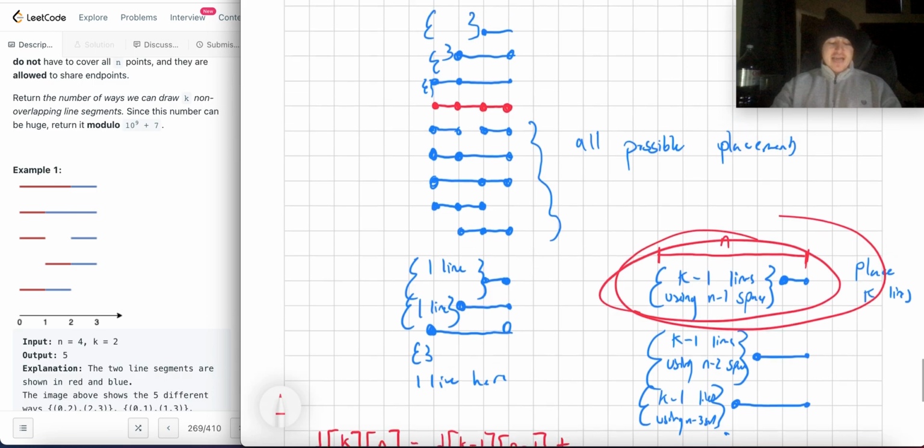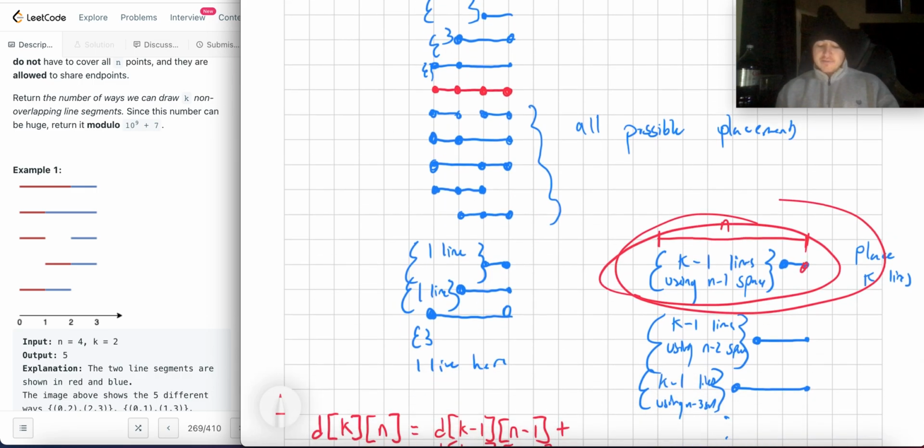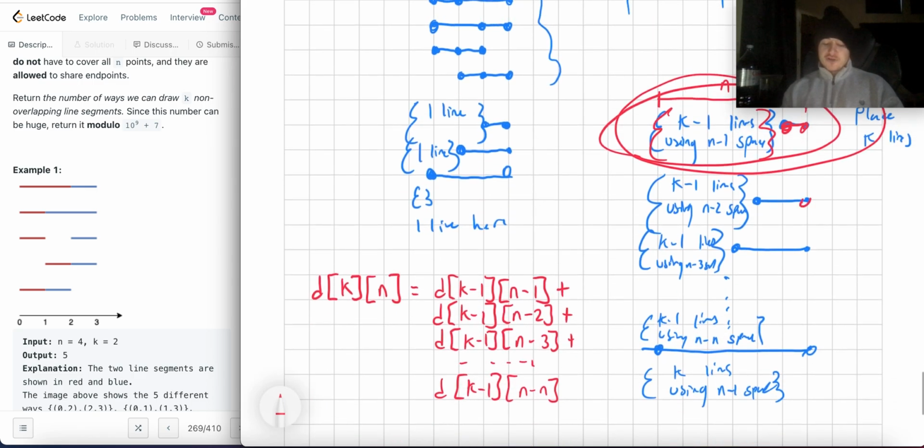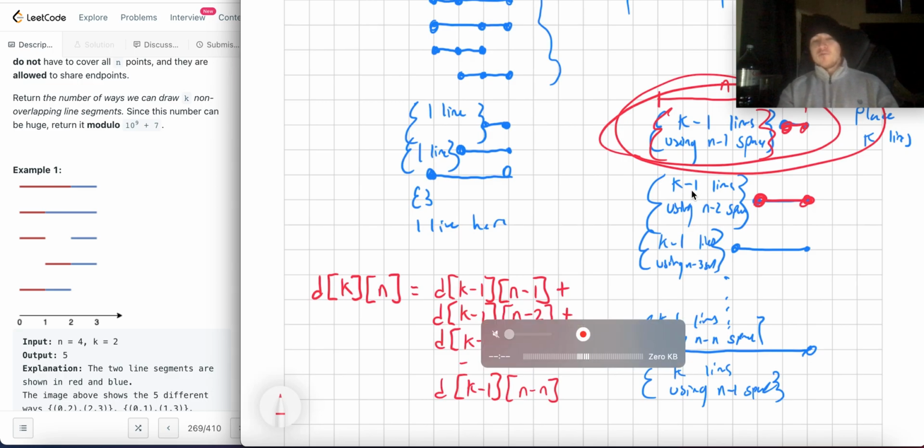Because what's basically happening is I distribute a line of length 1, and then my question just becomes, how many ways can I distribute k minus 1 lines within n minus 1 space? So that's basically the idea here. If I distribute a line of length 2, I would just have to figure out how many ways I can distribute k minus 1 lines using n minus 2 space, since I've just used 2 space here. And I would just solve that recurrence relationship for this problem as well.